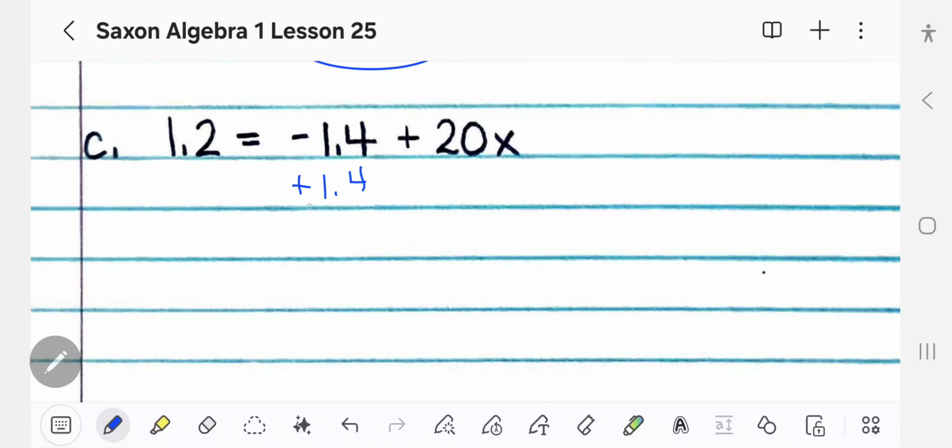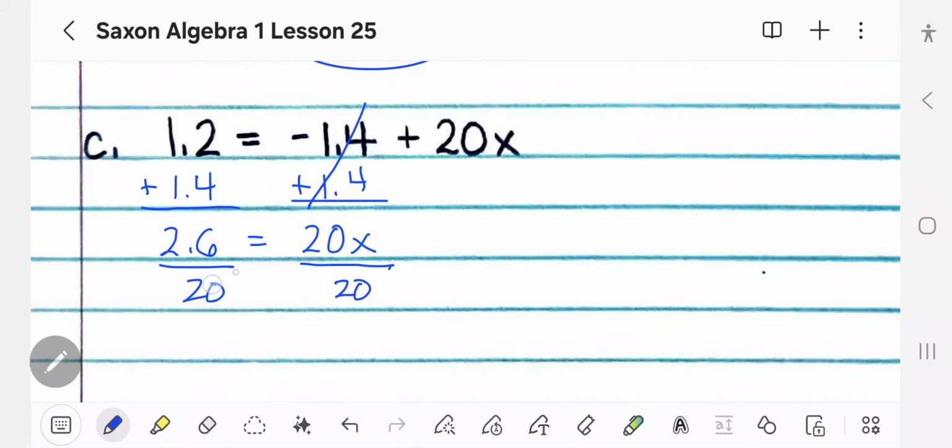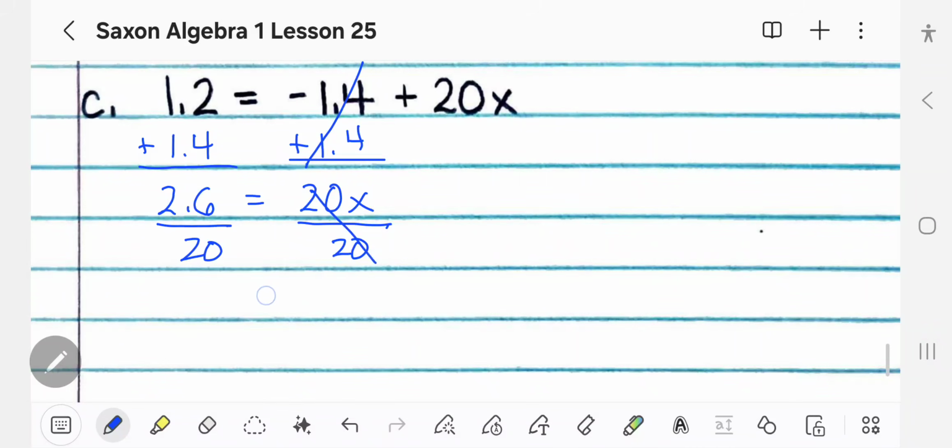I said 4, 1.4. So let's add 1.4 to both sides. Okay, now we're going to need to get rid of the 20, so we're going to divide by 20. Okay, here we've got 2.6 divided by 20.